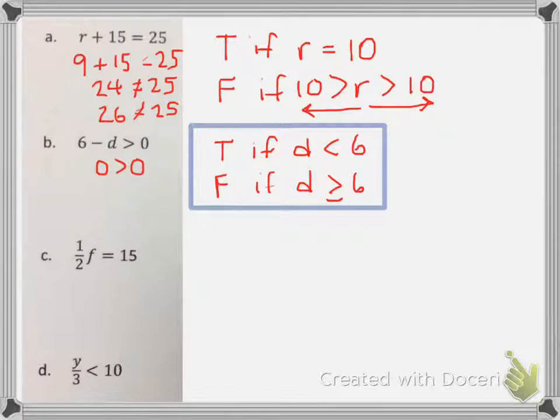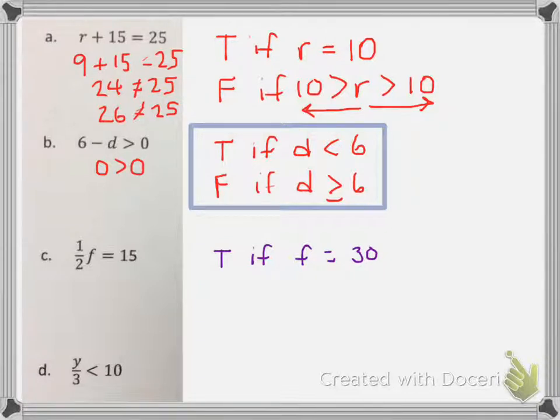All right, here's C. Let's see how you did. Good one. Okay, let's see. When is it true? Well, half of what is 15? Well, I know that half of 30 is 15. So it's true if F equals 30. Right? If F is 30, half of 30 is 15.